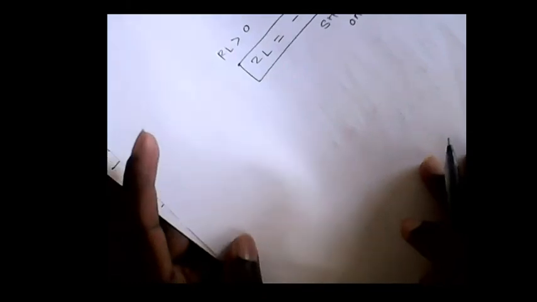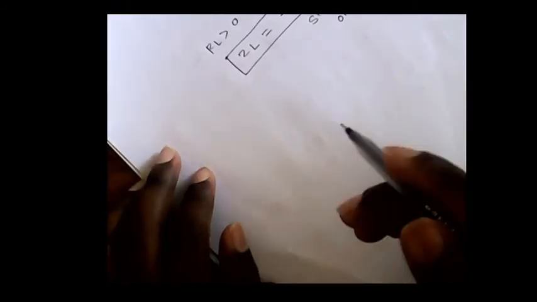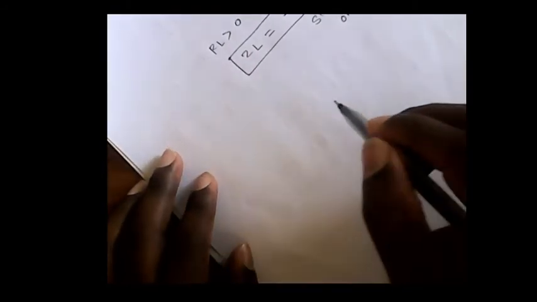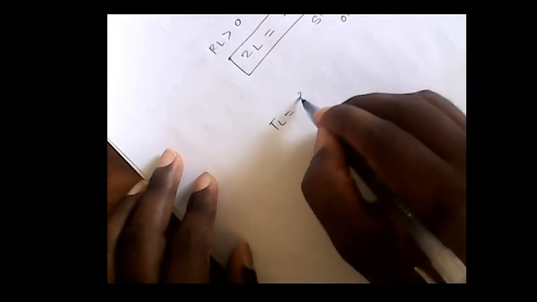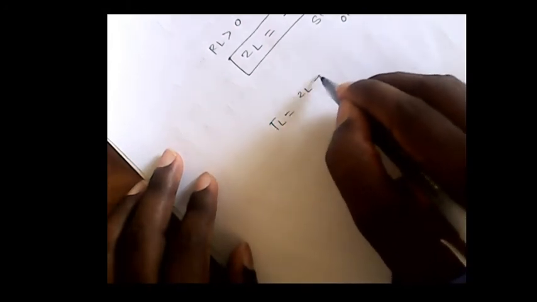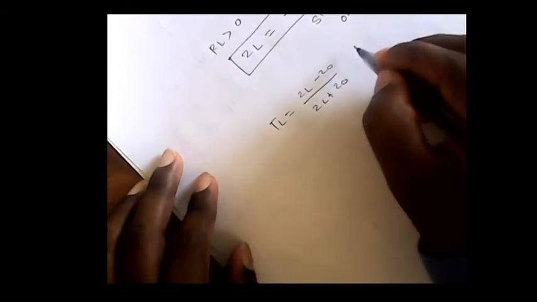So that implies the reflection coefficient gamma L is equal to (ZL minus Z0) over (ZL plus Z0).